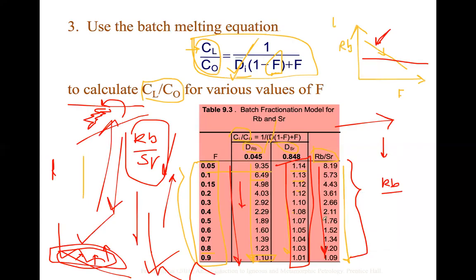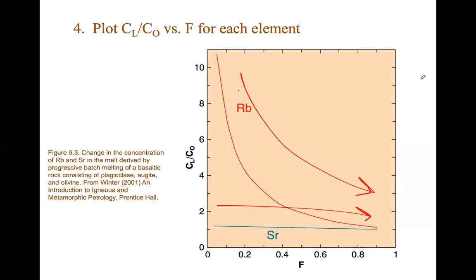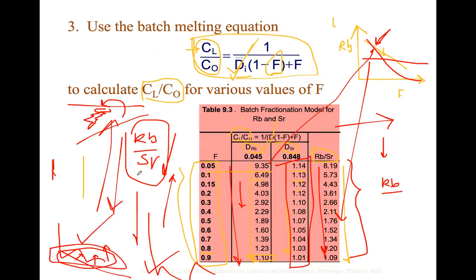So here you see strontium is going to have a linear behavior, but rubidium is giving you a curved behavior like this, right? So this is how they change for different degrees of melting, and this is what we call the progressive batch melting, right? Progressive batch melting. So this is why we call it progressive batch melting, because from lower degree to higher degree, right? It doesn't need to be from 0 to 1.